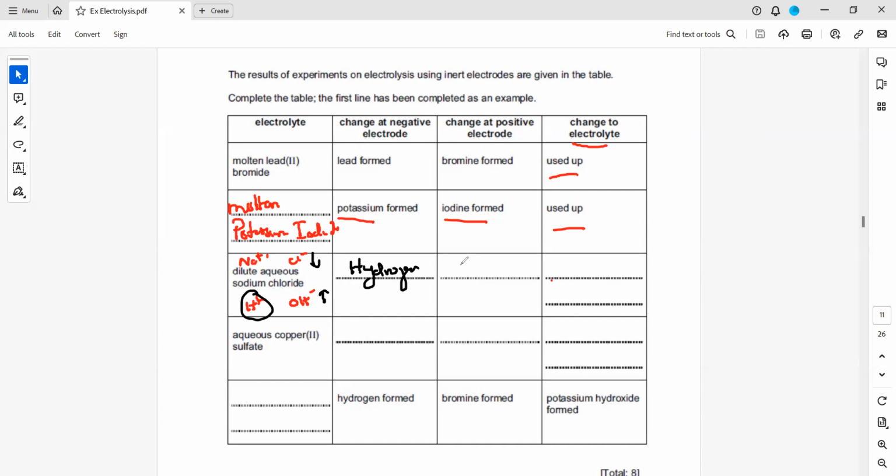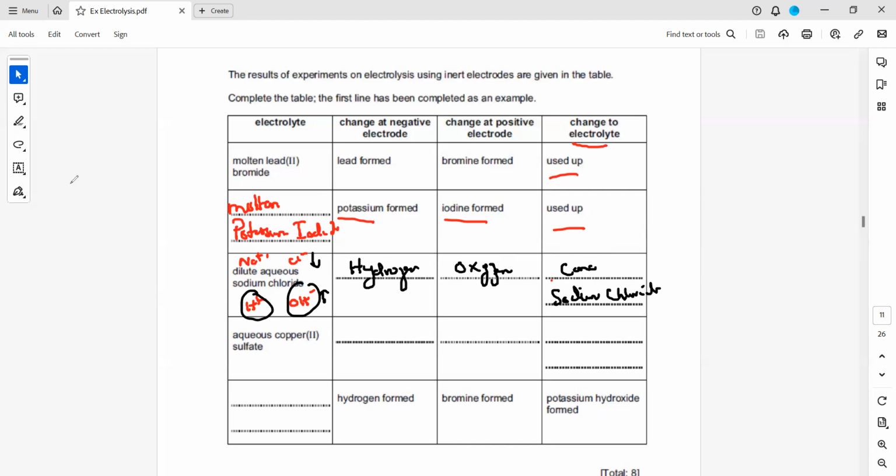So hydroxide ion will move, and when hydroxide ions move, there will be oxygen gas. And what we are left with is NaCl. So the solution will have more sodium chloride, so we'll say it will become concentrated sodium chloride. When H and OH are removed, the solution will become concentrated.